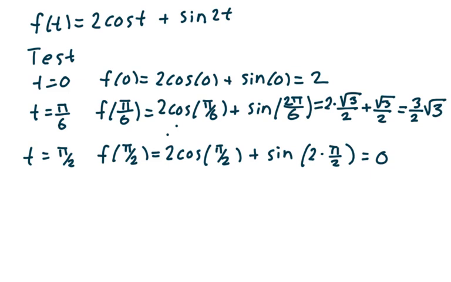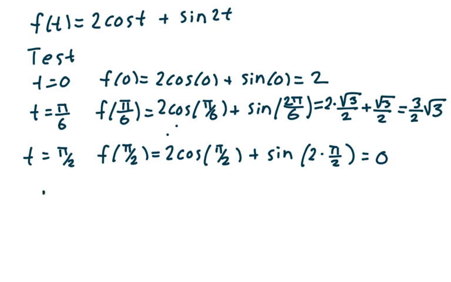Now, 3 square root of 3 divided by 2, think of square root of 3 as about 1.5. If I take 1.5 times 3, you get 4.5. 4.5 divided by 2 is more than 2, right?